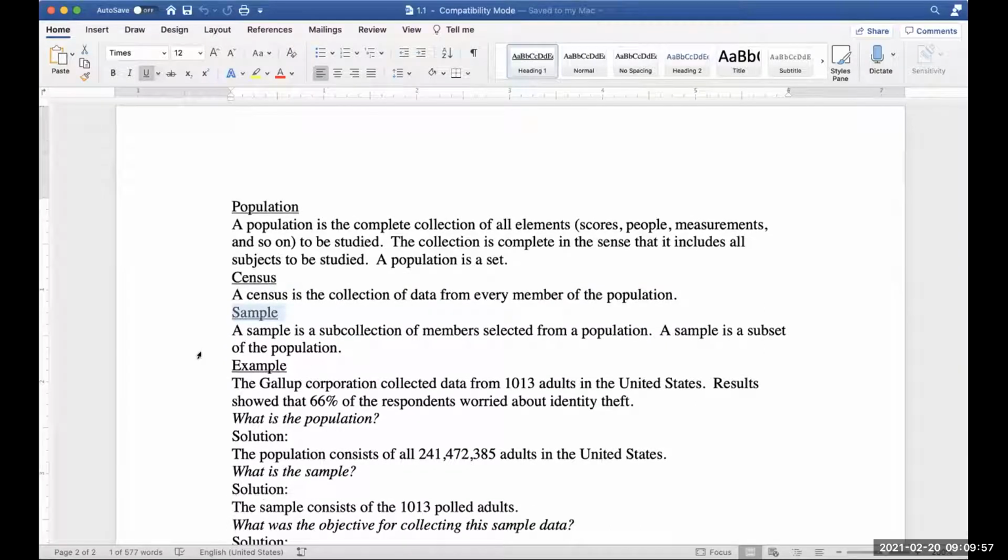So usually, rather than conduct a census, because it's usually nearly impossible to conduct a census, let's say another thing. Suppose you wanted to know, let's say you're manufacturing cereal, and you want to know how many grams of fat is in your cereal.